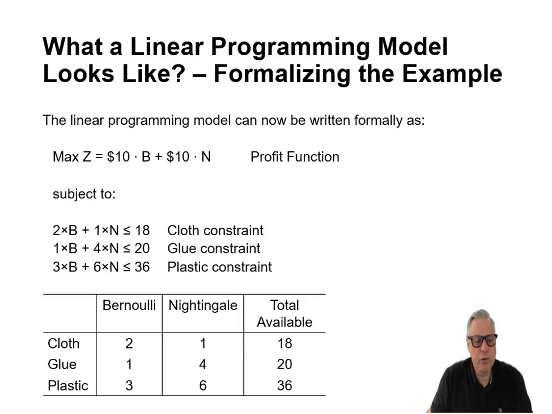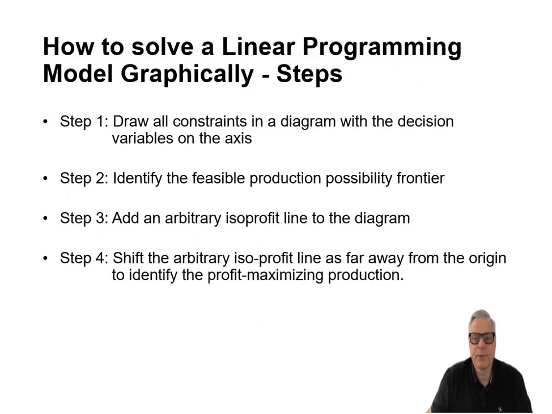So this is a very simple linear programming model, but it's very useful in order to get the intuition. And what we want to do is solve it graphically. If you want to solve a linear programming model graphically, you typically follow 4 steps. The first one is that you draw all constraints in a diagram with the decision variables on the axes. Then you identify the area of feasible production, or the feasible production possibility frontier.